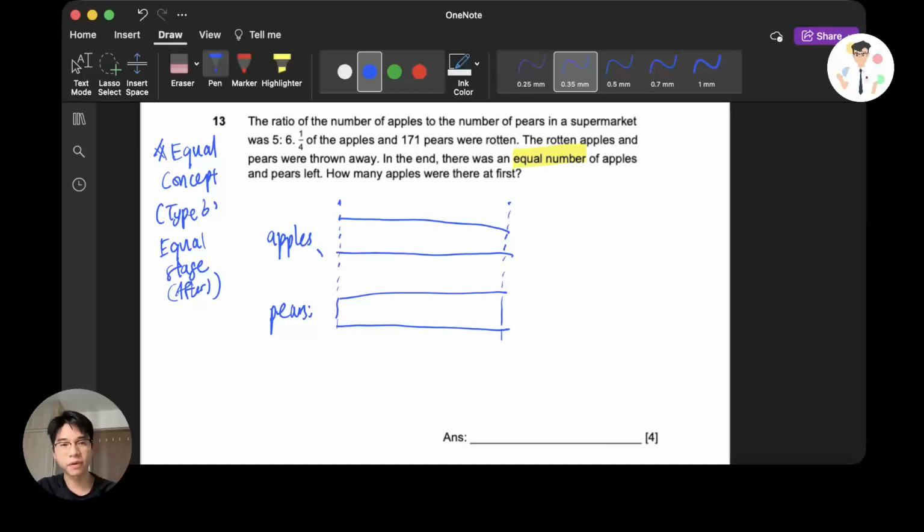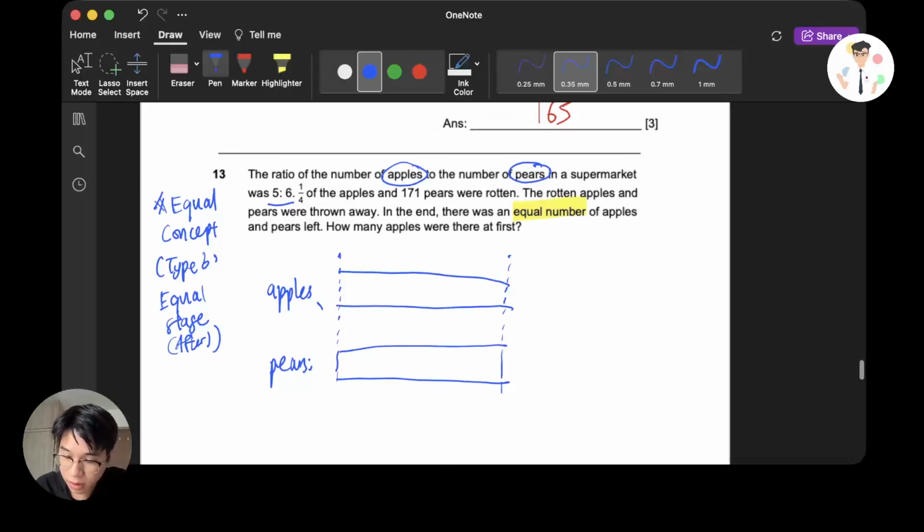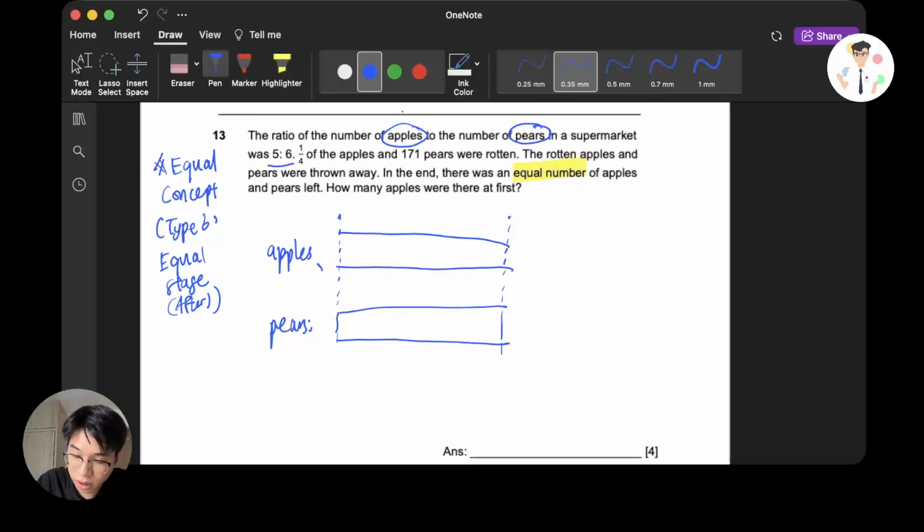I know before it's supposed to be the ratio of 5 to 6. Now, something very important to take note of: here it says the ratio of apple to pear is 5 to 6. So apple is supposed to be 5 units, pear is supposed to be 6 units.